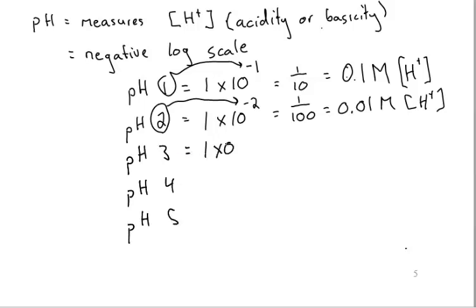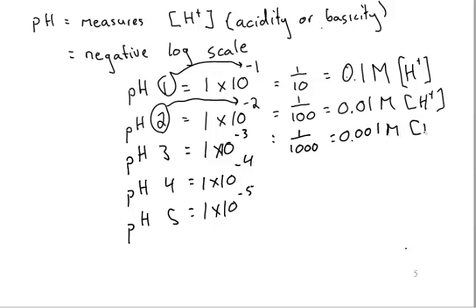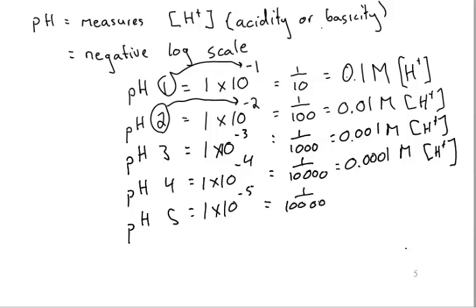So 1 times 10 to the negative 3, 1 times 10 to the negative 4, 1 times 10 to the negative 5, which is 1 over 1,000, or 0.001 molar H plus, 1 over 10,000, 0.0001 molar H plus, or 1 over 100,000 equals 0.00001 molar H plus.